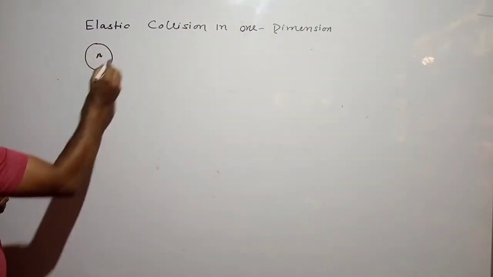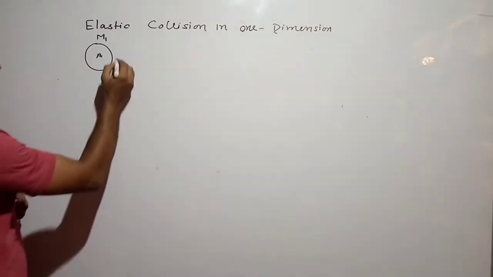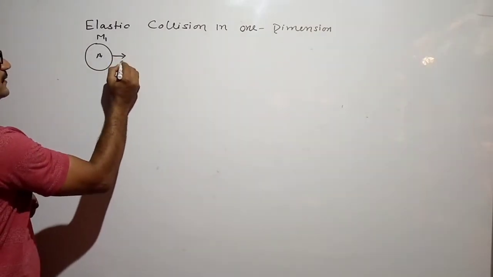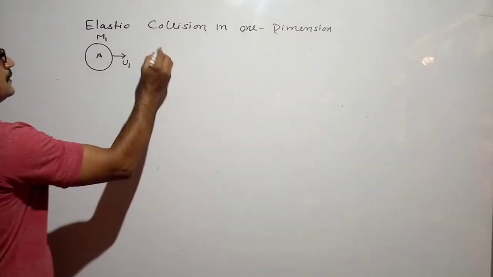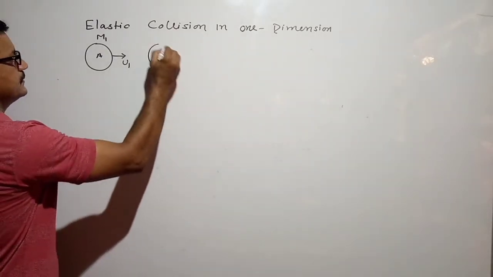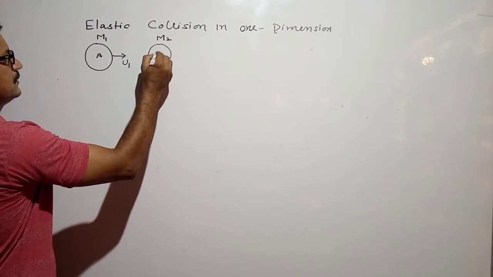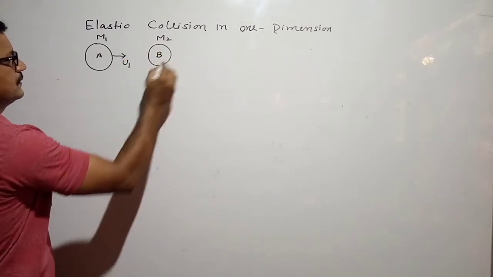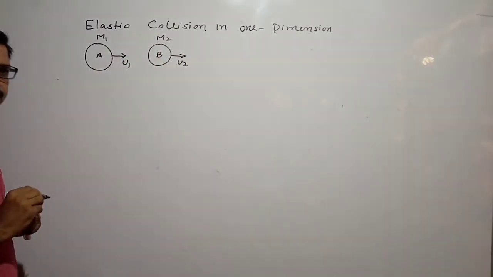Let this be the body A of mass m1, and this body is moving with initial velocity u1, and let another body of mass m2 be moving with velocity u2.